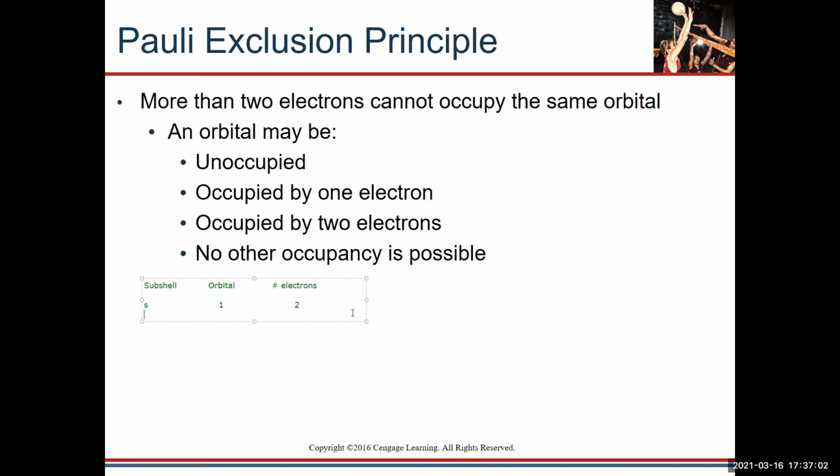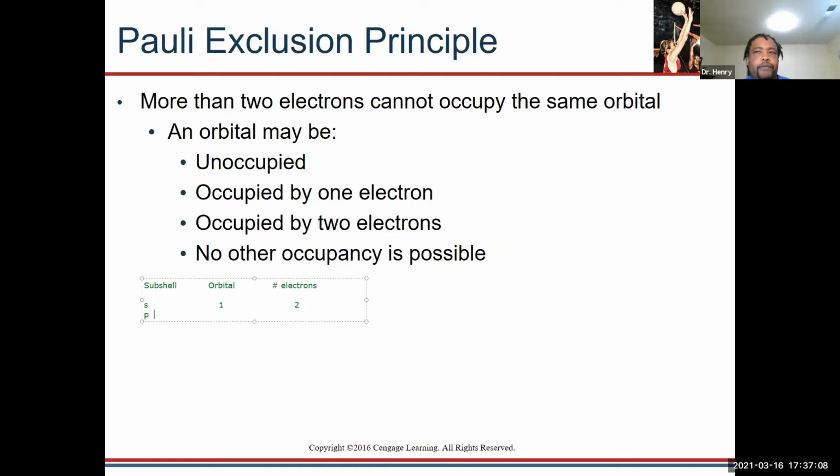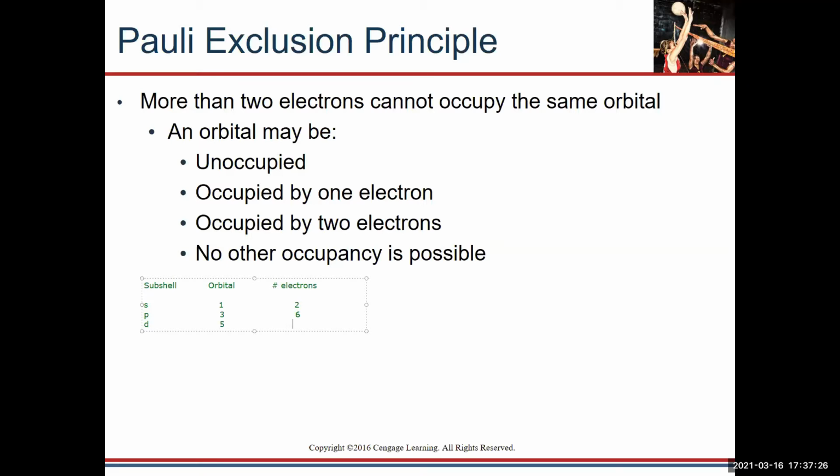Okay, so what's after the S? We have P, and how many orbitals would that have? 3. And how many electrons can that hold? 6. Okay, and after the P, D. How many orbitals? 5. How many electrons? 10.